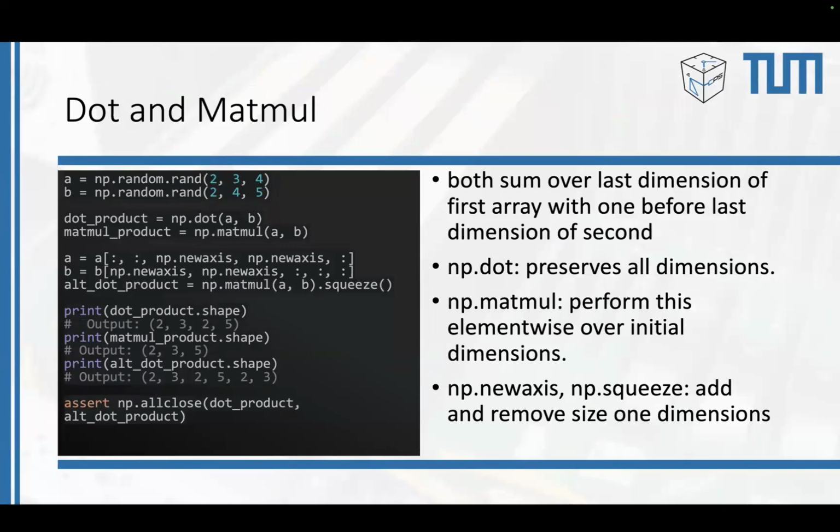Okay, so dot product. Well, this is much more interesting because the dot product doesn't conserve anything. You get 2, 3, 2, 5. What is happening here is that the dot product is taking this guy and then taking these guys and then multiplying like this: A1, B1, A2, B2.